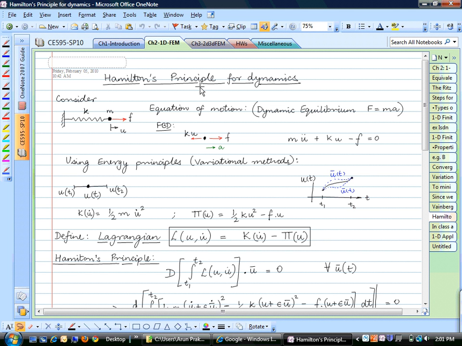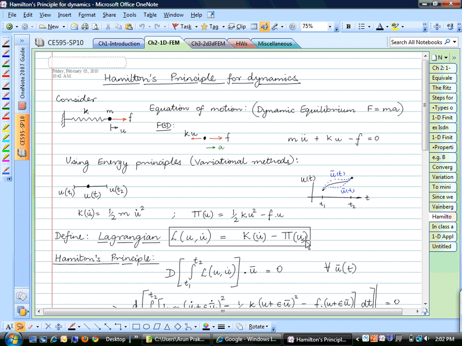says to define another quantity called a Lagrangian. This Lagrangian is a function of two variables, the displacement and the velocity. We define the Lagrangian as the kinetic energy minus the potential energy.